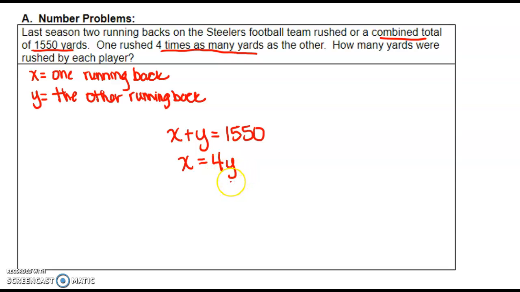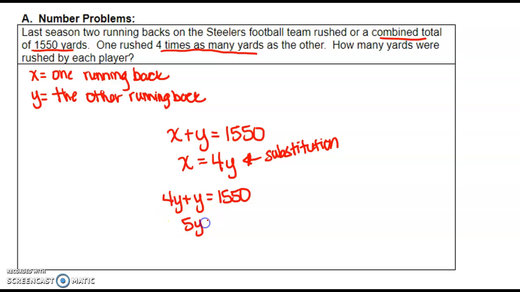Now I have to come up with a game plan on how to solve this. Since this one is already solved for one of the variables, substitution is probably our best bet. So in the first equation, instead of x, I'm going to put 4y plus 5y equals 1,550.